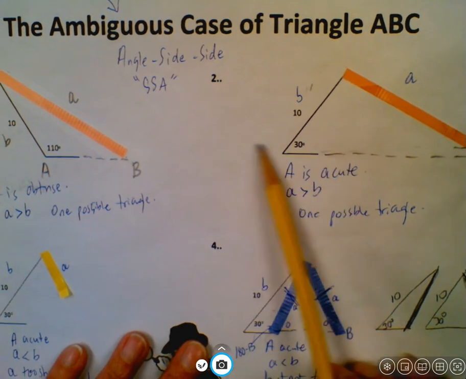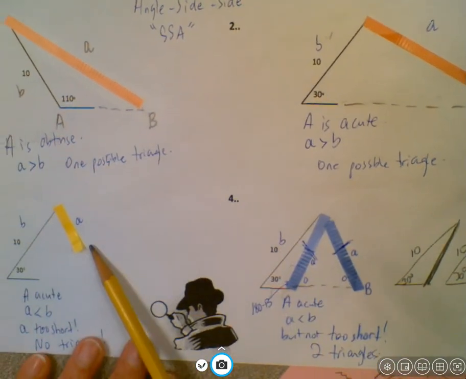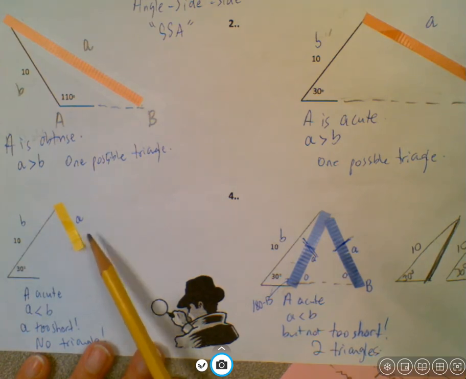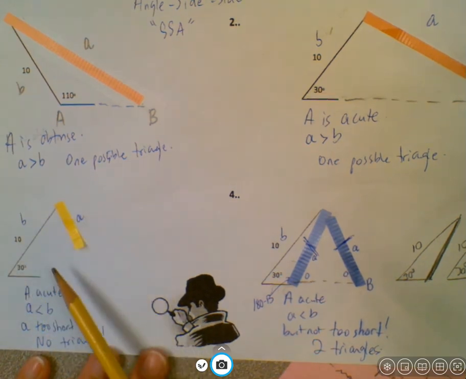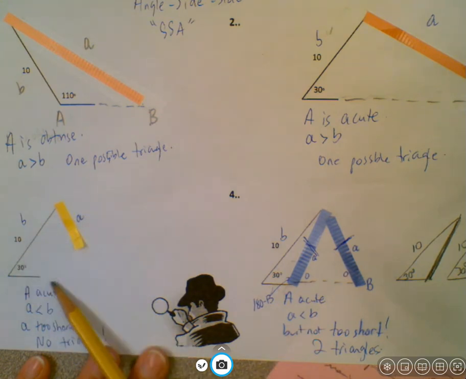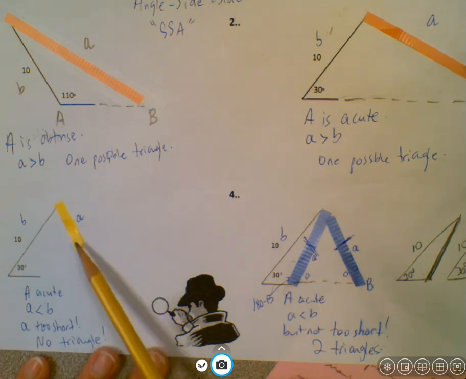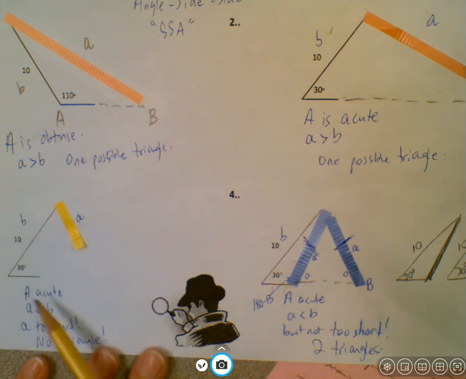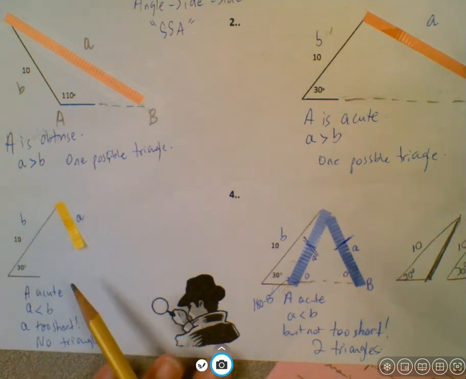These are not unclear, okay? This one also is not unclear. This side is too short, all right? And how do you know something's too short and the triangle is not possible? Because if you use the sine law on this, you would get a value for sine that is impossible. If you go inverse sine with your calculator, you'll get an error. This triangle is not possible, so you will have an error from the calculator.